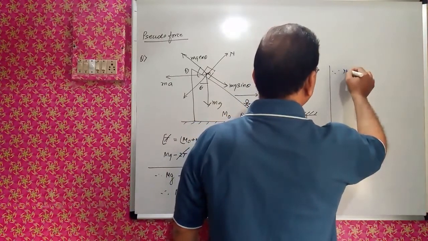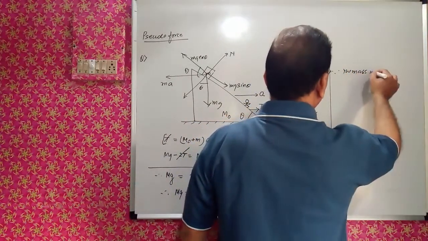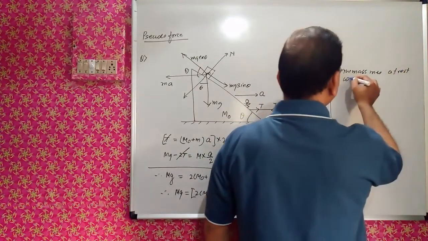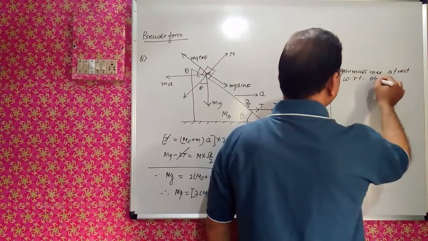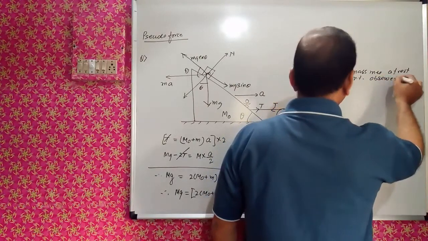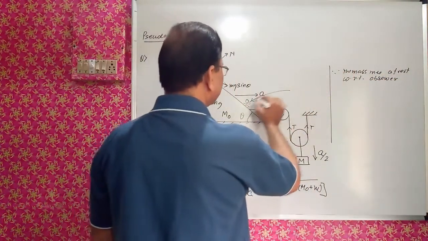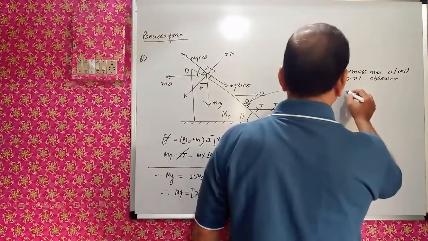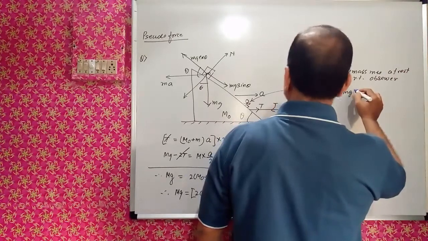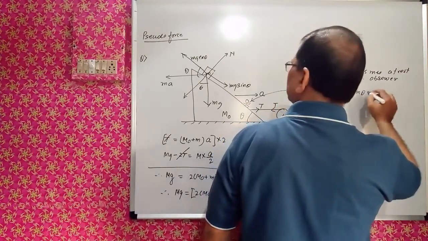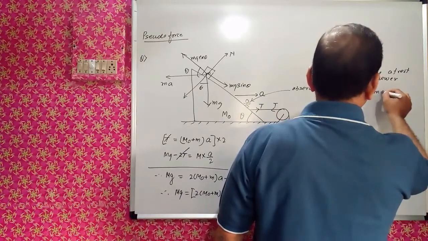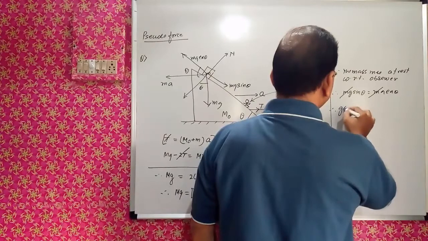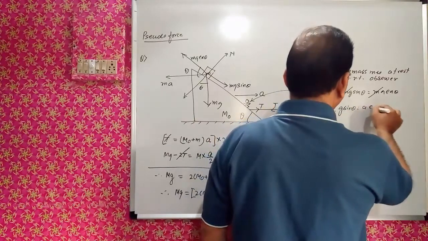Since the mass m is at rest with respect to the observer, this is the observer, therefore mg sin theta is equal to ma cos theta. m and m will go, that is g sin theta is equal to a cos theta.